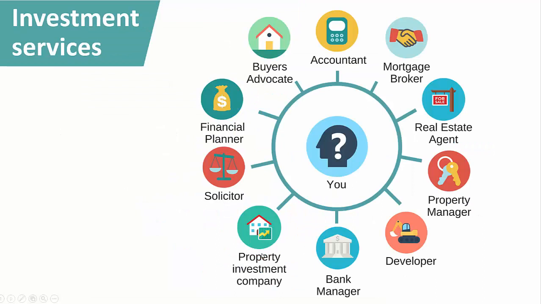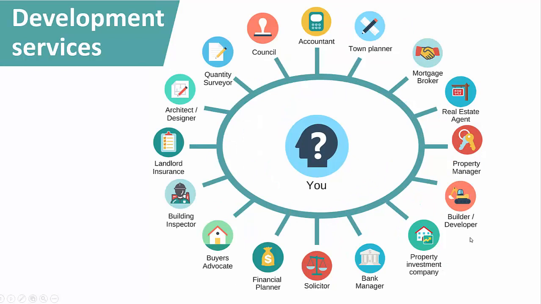And as a bit of a visual representation, if you buy a standard property, you may need to interact with some or all of these service providers. If you're looking at a property development, there's certainly an additional volume of service providers.